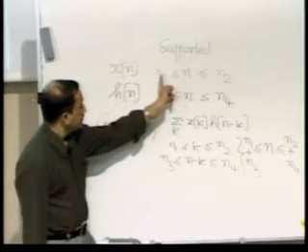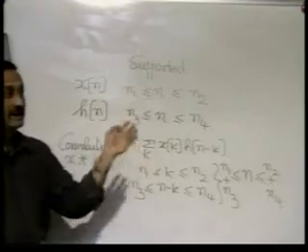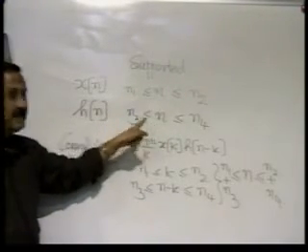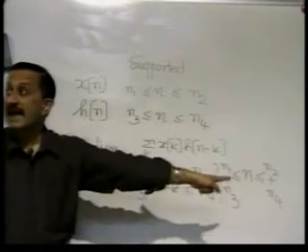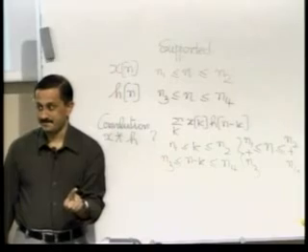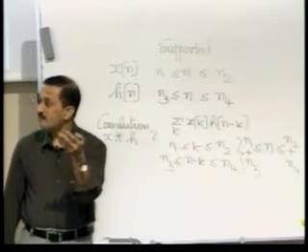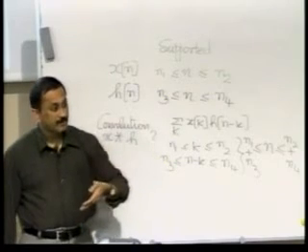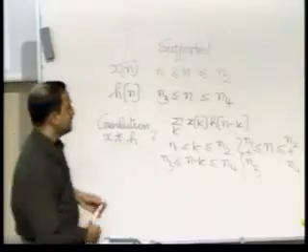Suppose the number of points between n1 and n2, including n1 and n2, is, let's say, m, and the number of points in hn is L. Then the number of points here is m plus L minus 1. So, to take an example, in the previous case, m was equal to 5 and L was equal to 3, and the number of non-zero points was 5 plus 3 minus 1, that's 7, right? So, this can be extended.